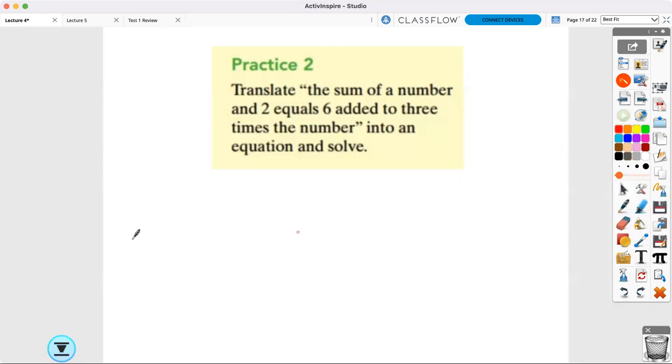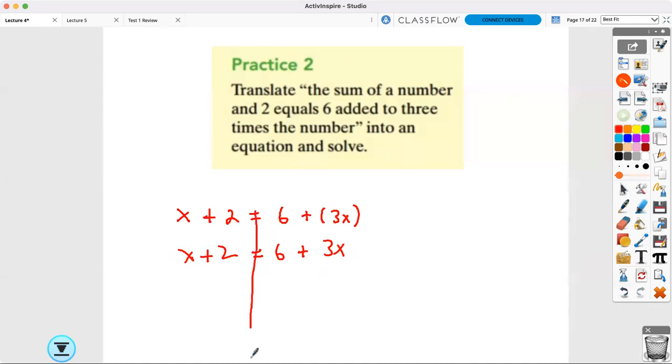I got x plus 2 equals 6 plus, parentheses, 3x, parentheses. All right. So far, so good. This is the same thing though. You can actually get rid of the parentheses and it means the same thing. But great job, Jacob.